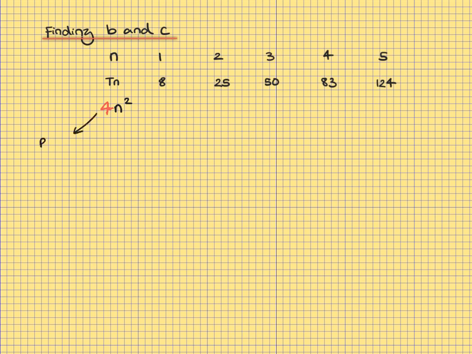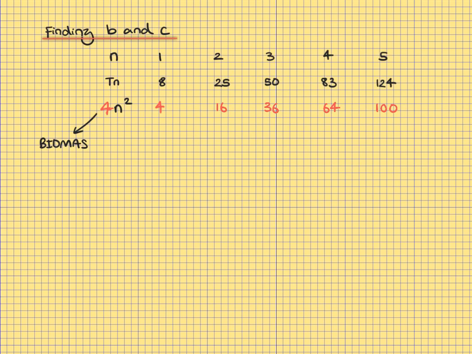Remember that our rules of BIDMAS apply here, order of operations. We need to square n before we multiply by 4. So this will give us a layer of values which are 4, 16, 36, 64 and 100.